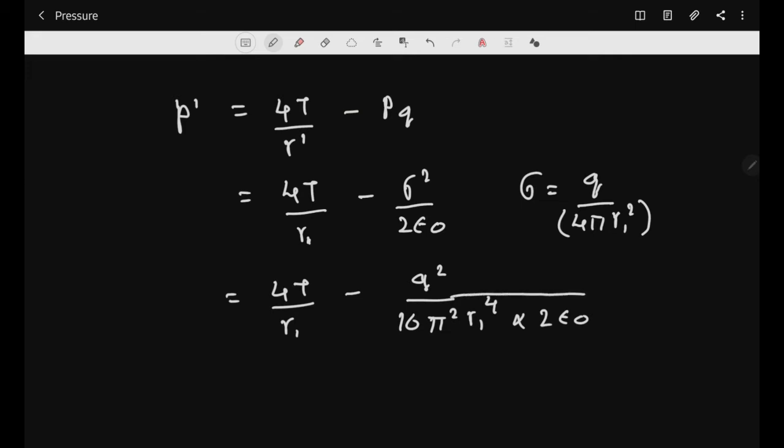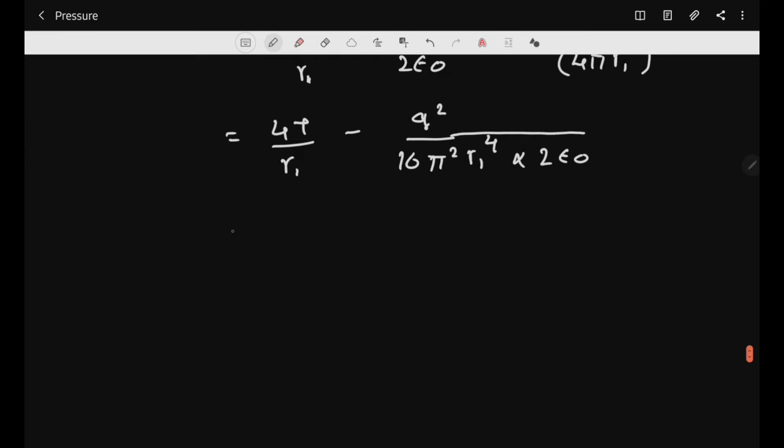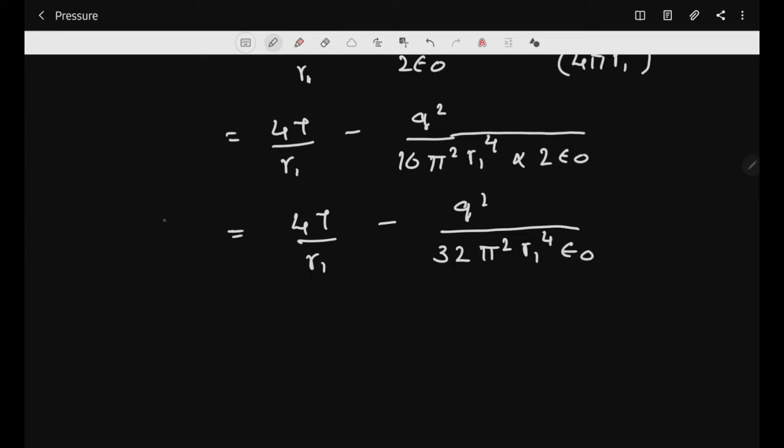If we multiply 16 into 2, then we get 4t divided by r1 minus q square divided by 32 pi square r1 raised to 4 into epsilon naught. This will be the equation for the pressure that has decreased.